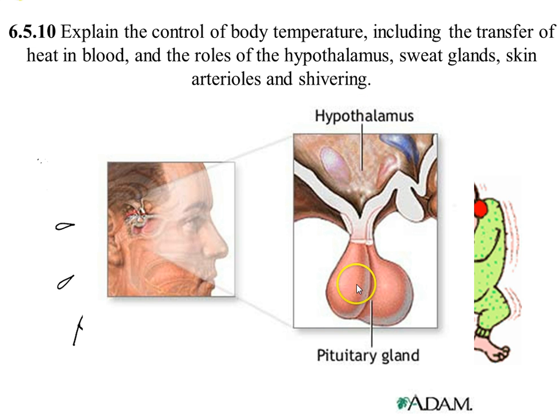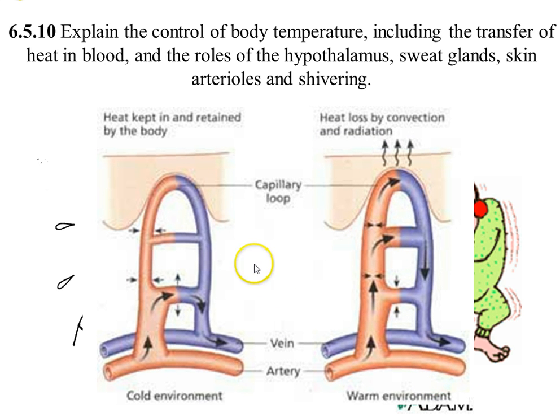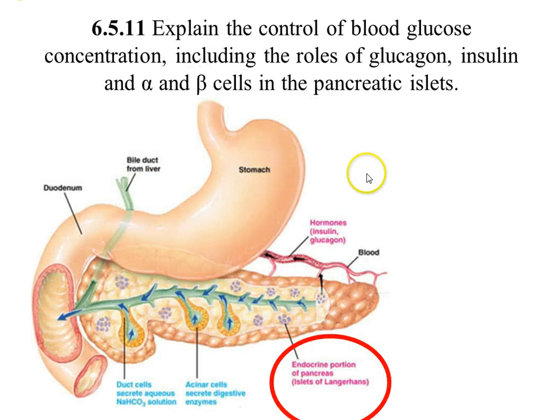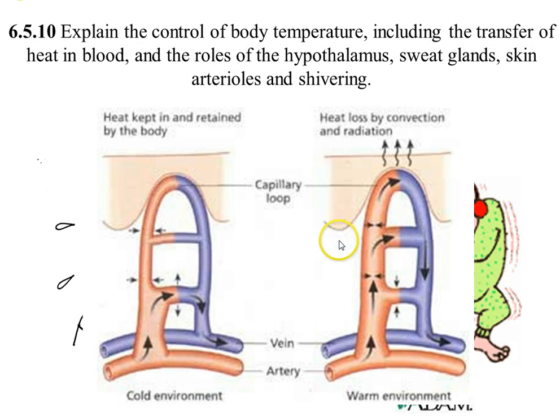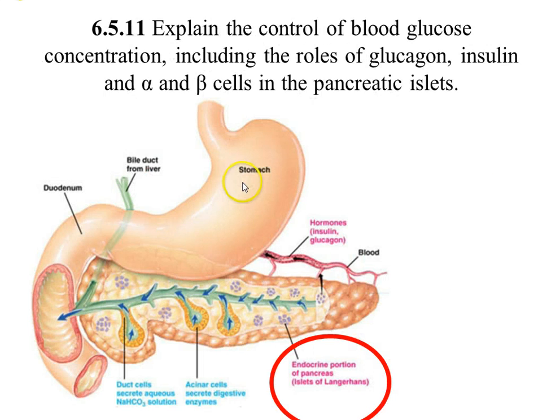Things are being sent from the hypothalamus to the pituitary gland, and a nerve signal is being sent to the skin arterioles, or the dermal blood vessels, to either constrict them, to make them really narrow when it's really cold, or to dilate them so that there's increased blood flow, so heat is lost through the skin. Okay? Sweat glands also help with that, and shivering we already mentioned.